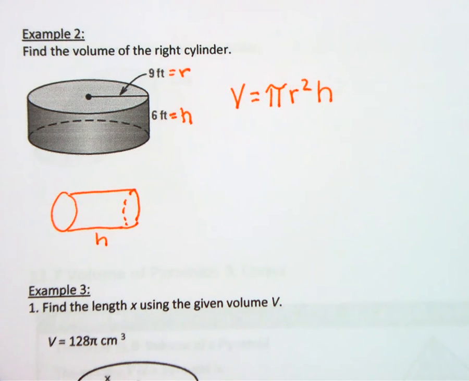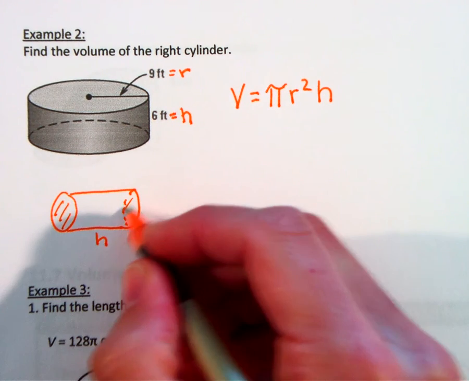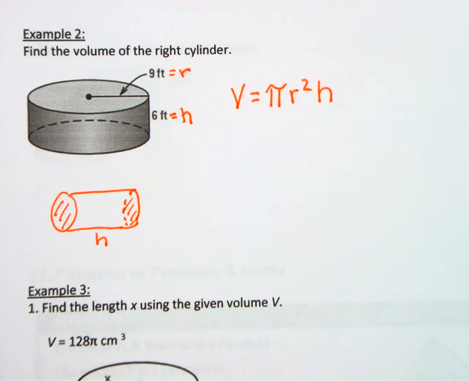The height would still be the distance in between the two circles. So don't be fooled if it happens to be a water bottle that tipped over and fell. Its height would still be how tall the shape is in between the two circles. So the height is in between the two circular bases.